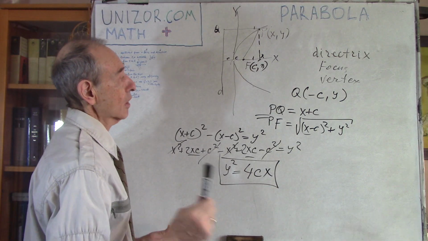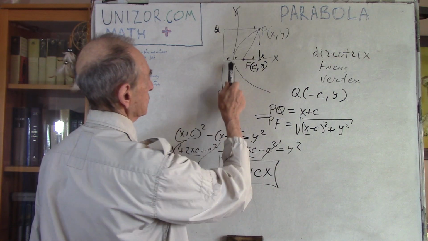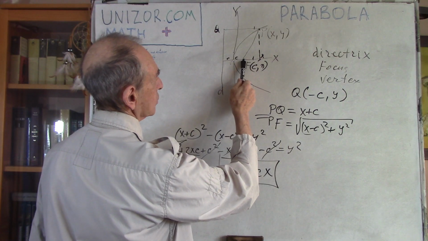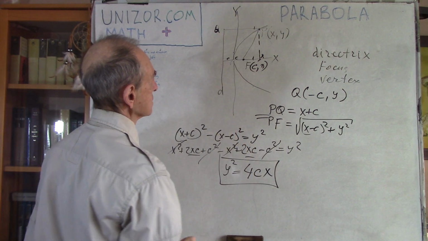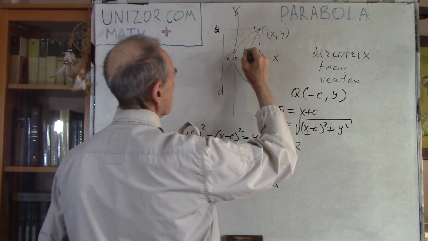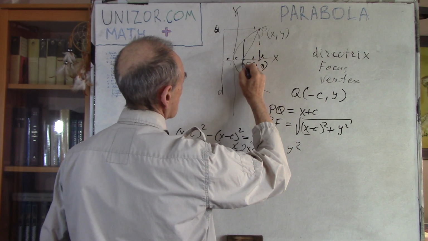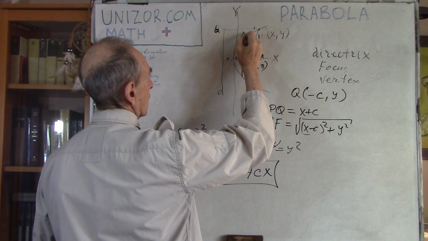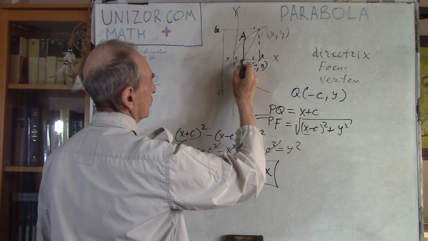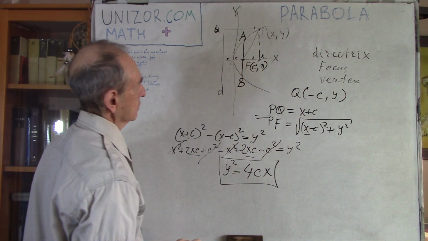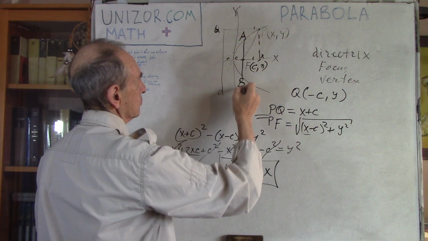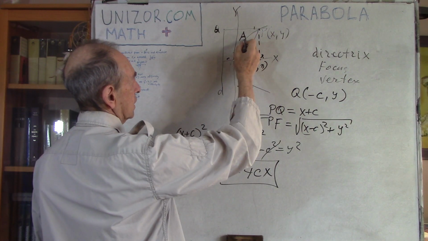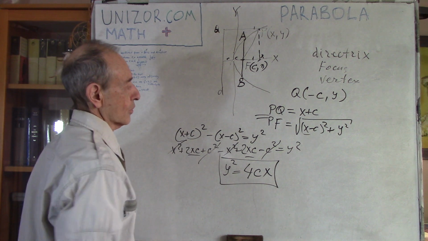Now, terminology-wise, we have the vertex, the focus, and the directrix. Sometimes there is another characteristic called AB. If from the focus you draw a line parallel to the directrix, it intersects the parabola in 2 points.